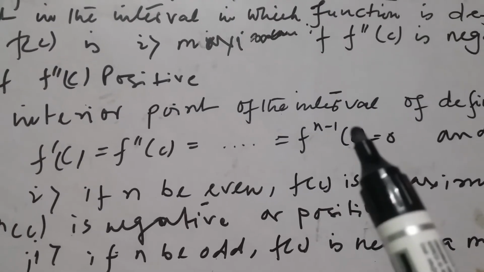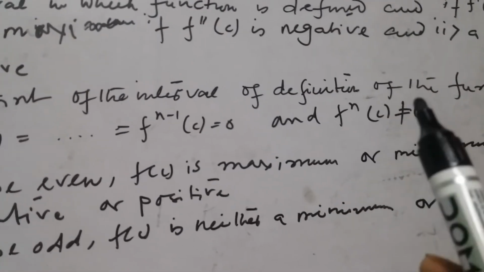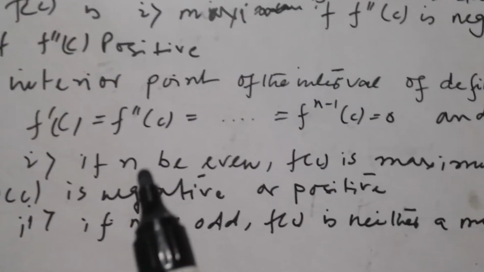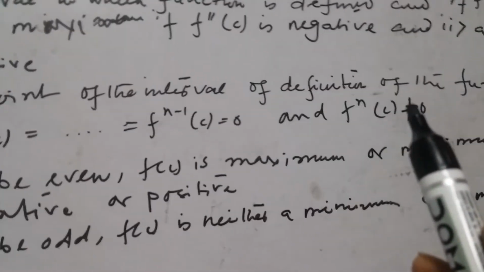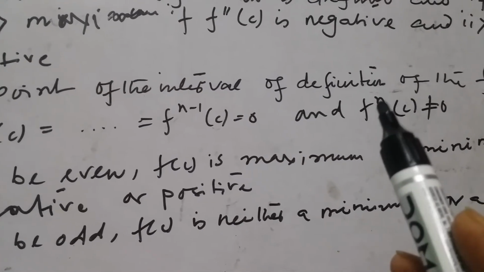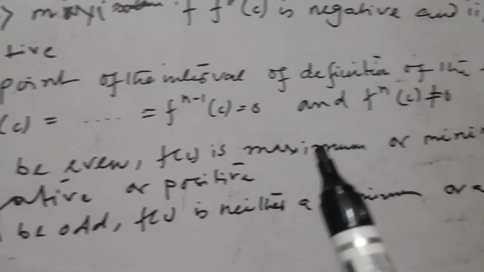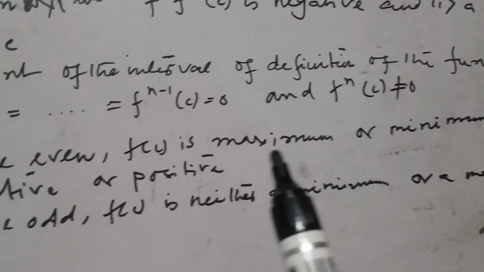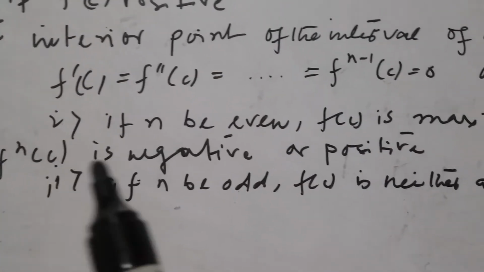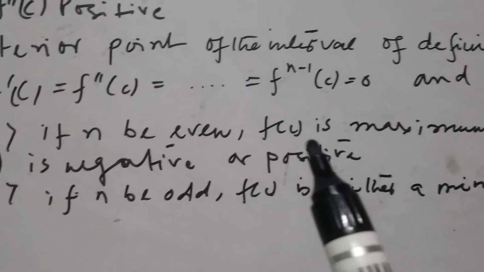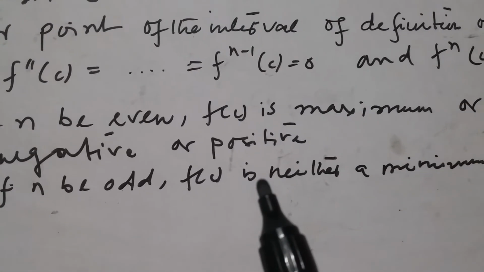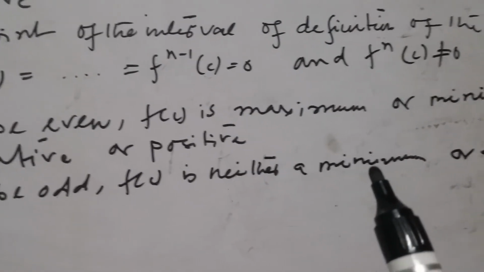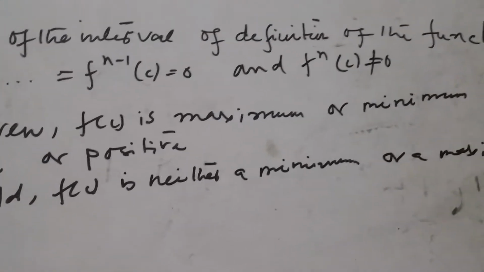In this way, f to the n minus 1 of c equal to 0, but f to the n of c is not equal to 0. If n is even, that is 4, 8, f(c) is maximum or minimum if f to the n is negative or positive. Okay, if n is odd, then f(c) is neither maximum nor minimum.